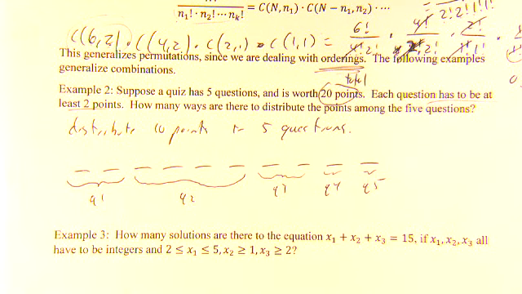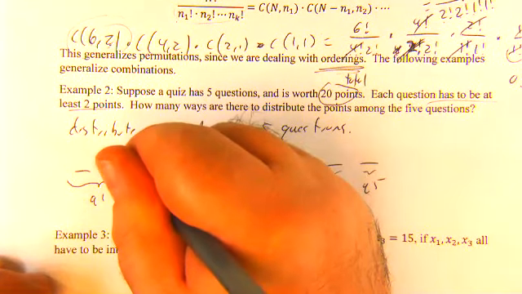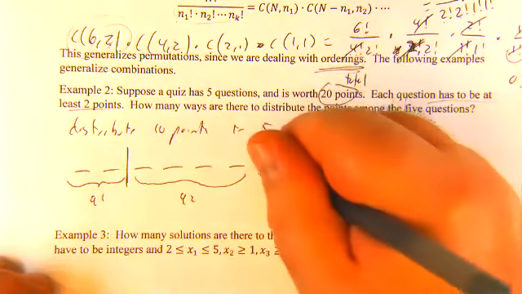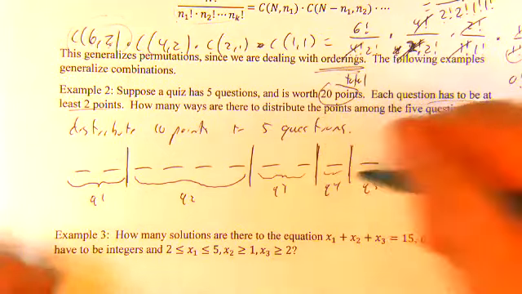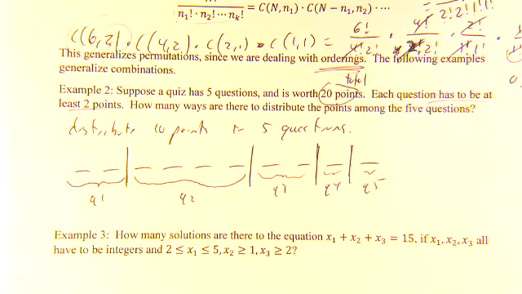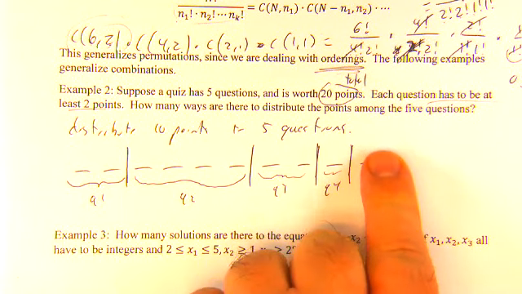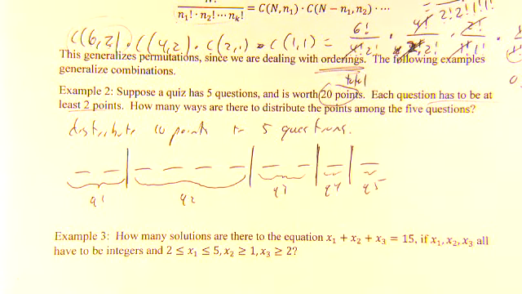So the way I think about this is 10 points split among 5 questions, except I don't need to think about the 5th one, because once I've determined the other 4, I know how many are in the 5th question.